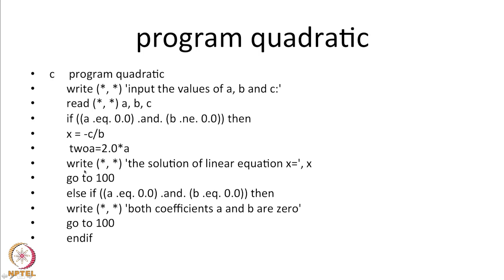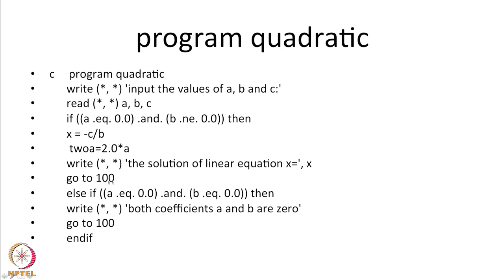Then you want to write that solution, that the solution of a linear equation, x itself is the value. So, if a is equal to 0 and b is not equal to 0, then this is the solution of the linear equation. You will write on the screen and then go to 100. Going to 100 is really saying that it is the end of the program, because you have solved the problem.